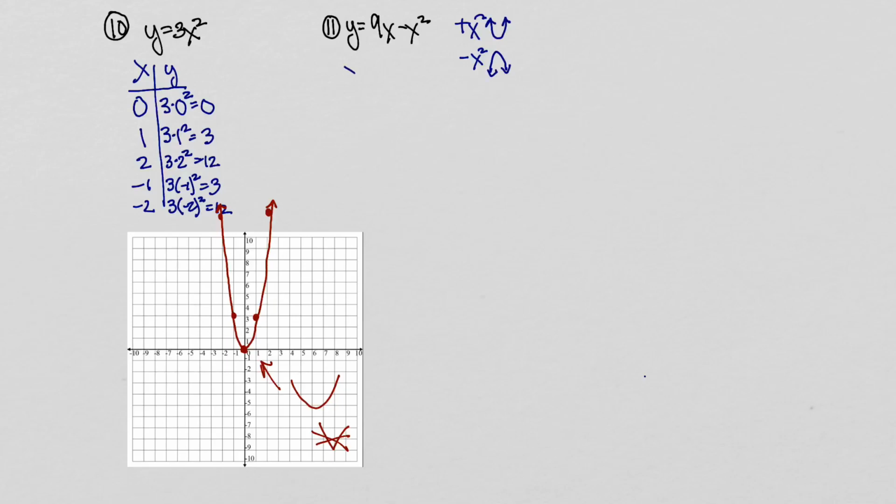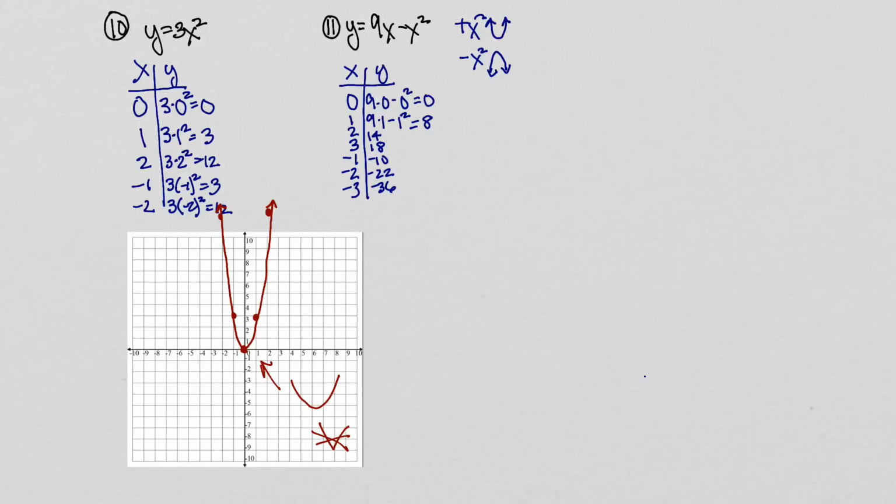So let's build a table of values. We'll have x and y. And why don't we start here with 0? So we'll get 9 times 0 minus 0 squared. That's still going to be 0, so this goes right through the origin. Now, at 1, we're going to get 9 times 1 minus 1 squared, which is 9 minus 1, which is going to give us an 8.